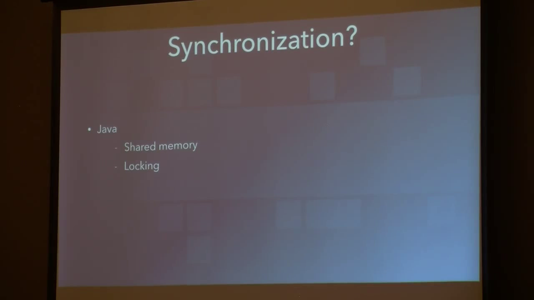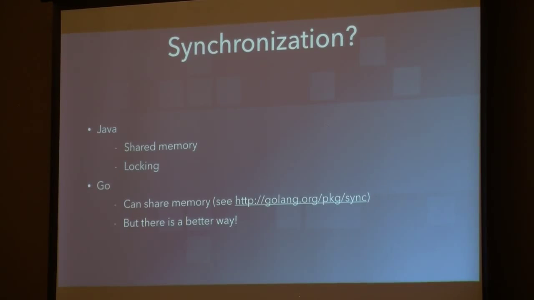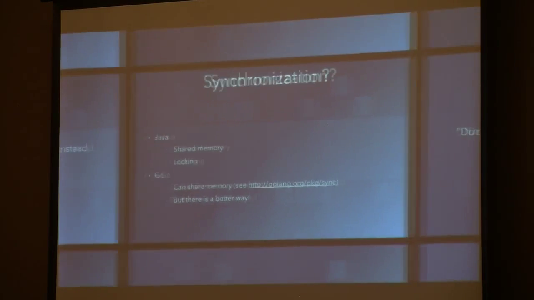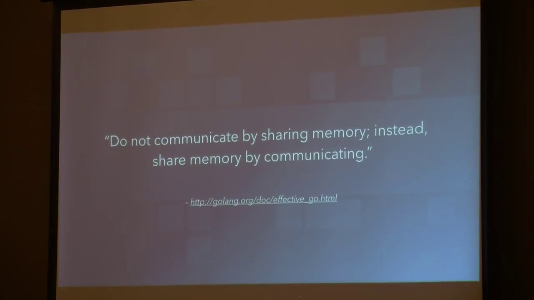It's just the way the Java memory model works. In Go, you can share memory, and there's a package called sync that allows you to do this, but there's actually a better way for most complex concurrency-based tasks. And it's expressed through this idea: do not communicate by sharing memory, instead share memory by communicating.